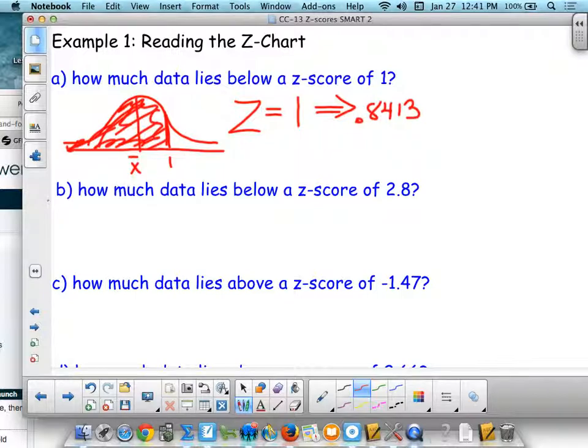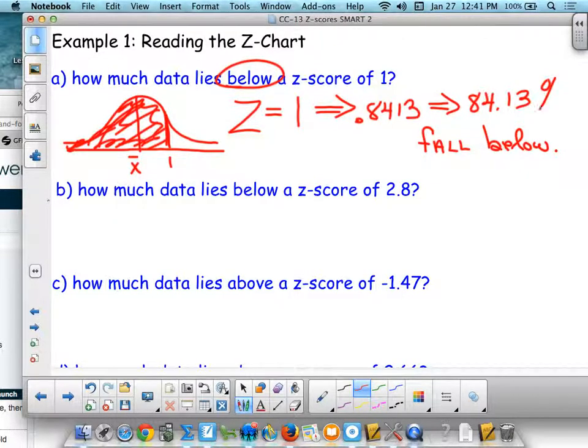Okay, so that tells me what falls below 1 standard deviation. 84.13 falls below. That's all it is. They say how much data lies below the Z-score of 1? 84.13%. Sorry, I forgot my percent.